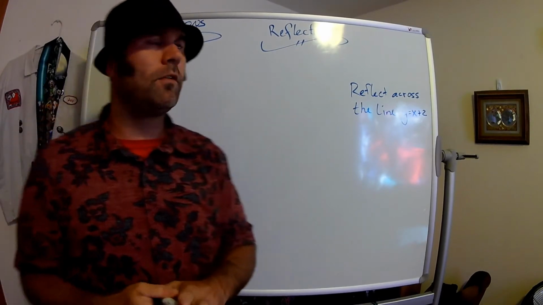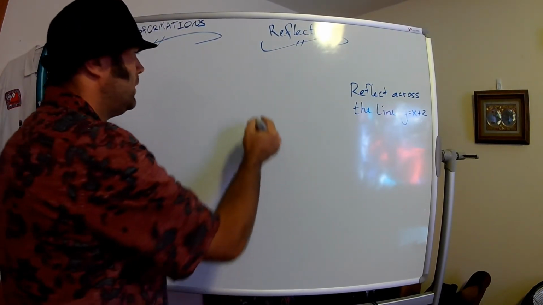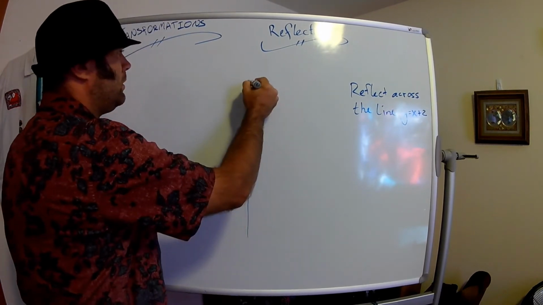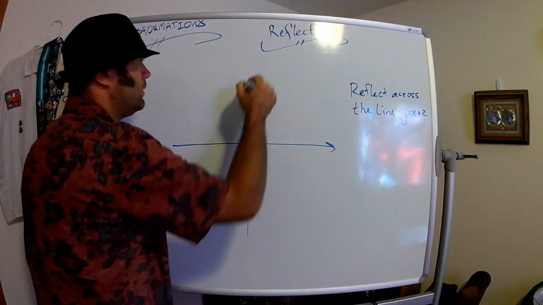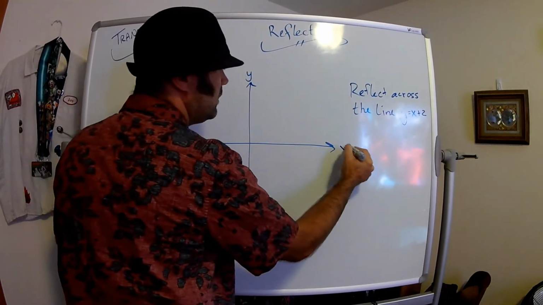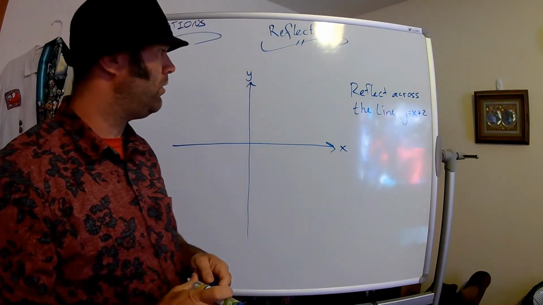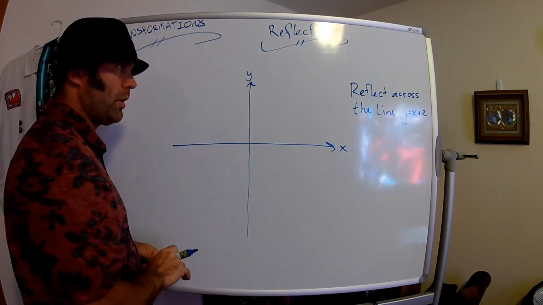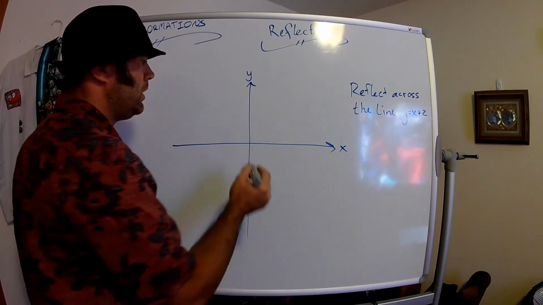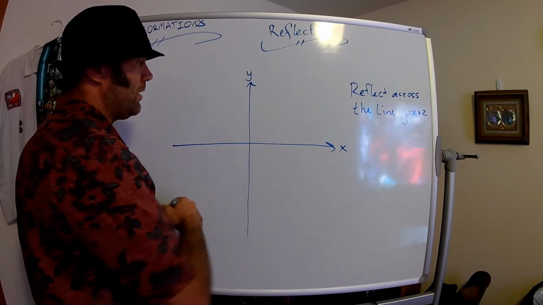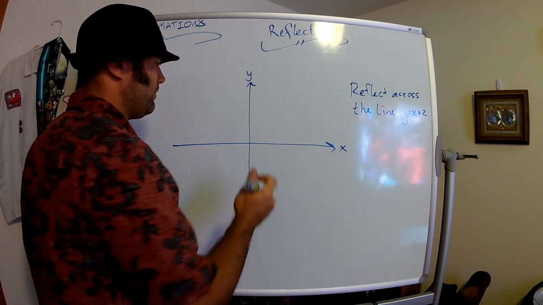So we're going to try reflecting across the line y equals x plus 2. Graph paper would be very helpful in this problem because y equals x plus 2 is not a line that goes through the origin. So it's going to be a little bit more challenging.